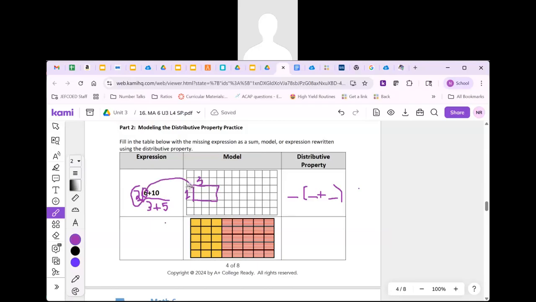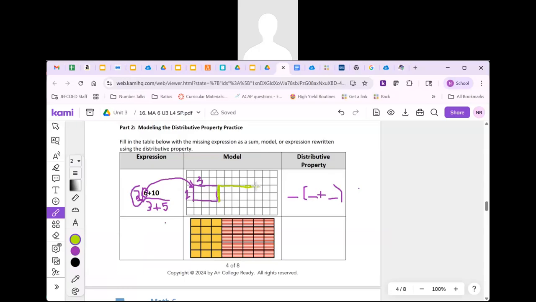My other array will also have a 2, but I'm trying to make 10 with it, right? So if I'm taking a 2 right here and I'm trying to get 10, I'm going to have to multiply it by 5. So that'd be 1, 2, 3, 4, 5.